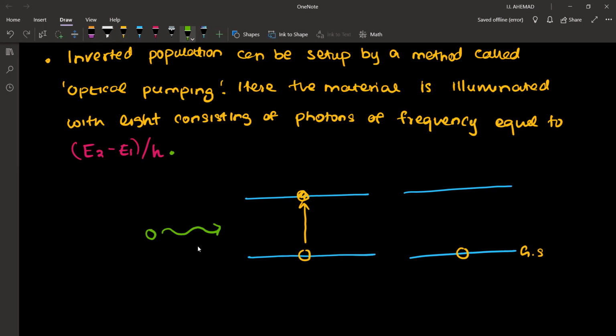Now this photon, when it is passing this excited electron, what will it do? There are two possibilities. It could excite this, or what else could happen? Due to this photon, what else could happen?